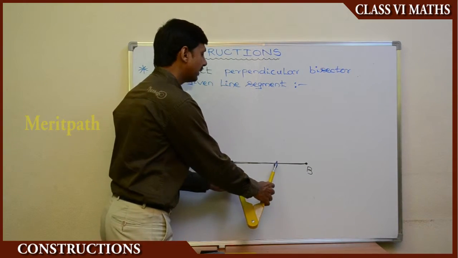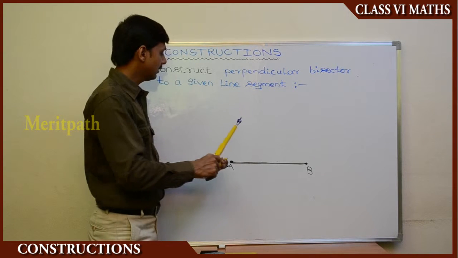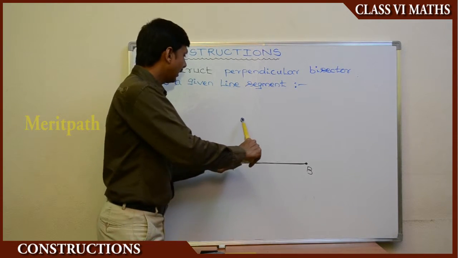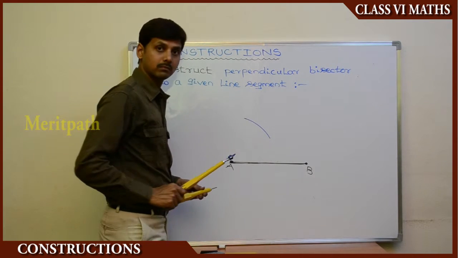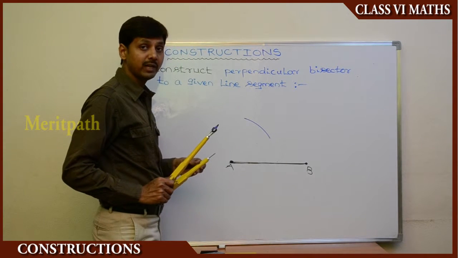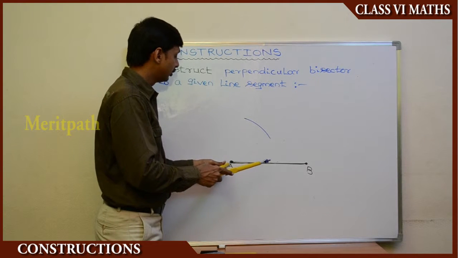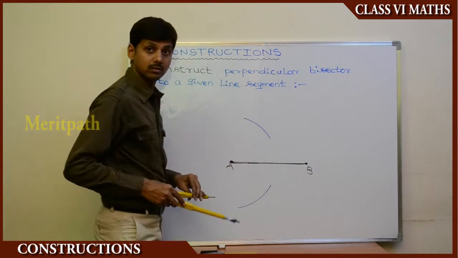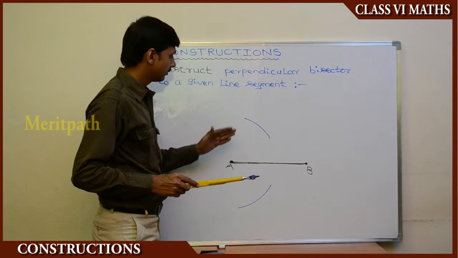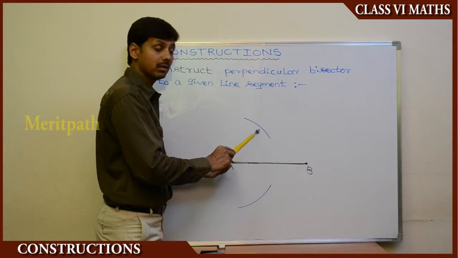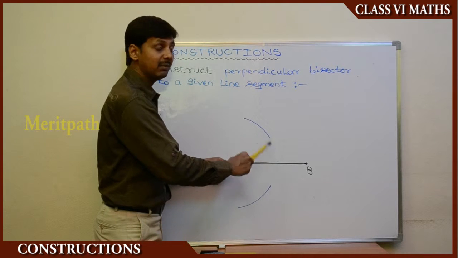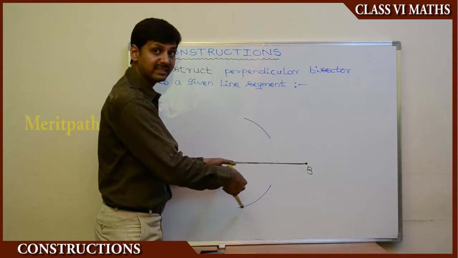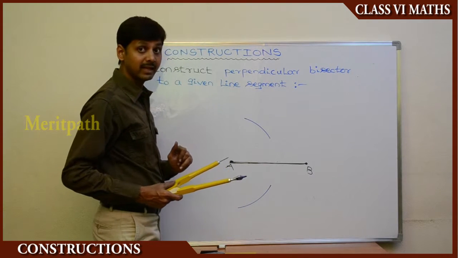Let's take the vertex A and make an arc. And using the same radius, make an arc below the line segment. So we took an arc on the upside and here below the line segment with vertex A.